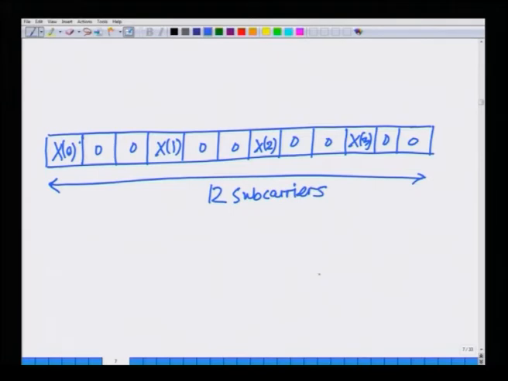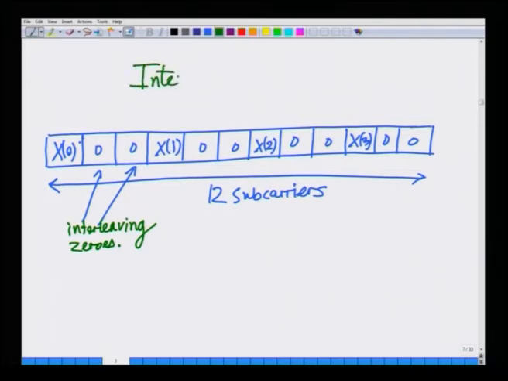Remember, look at this, I am interleaving the zeros with the symbols. This is termed as interleaved FDMA, or essentially IFDMA.